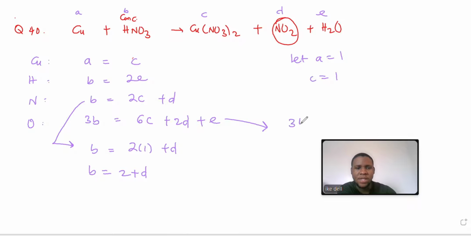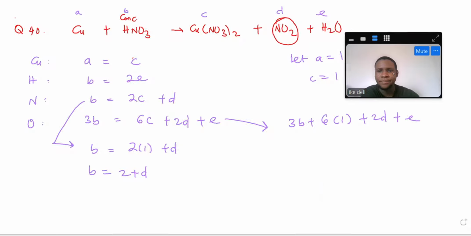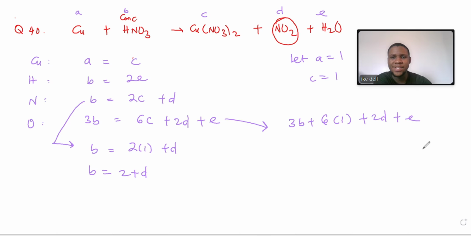So I have 3B plus 6C, which is 6 times 1, plus 2D plus E. All right, so 3B and B is 2 plus D, right? So I'll just make that 2 plus D plus 6 plus 2D plus E. So this becomes 6 plus 3D.